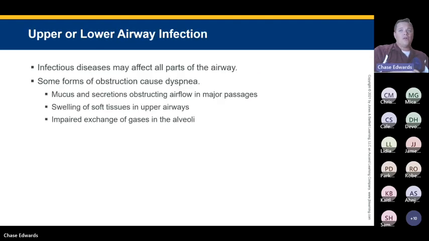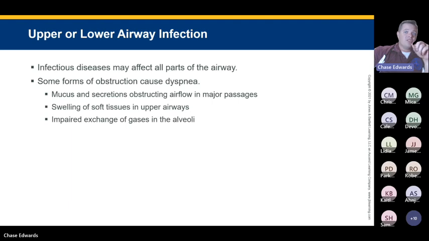All right, so upper or lower airway infections. So like infectious diseases, they can cause dyspnea and may affect all the parts of the airway. Oxygenation is a problem of inadequate oxygenation delivery to the tissues. So when we start talking about disease processes, oxygenation may be a huge issue because of these disease processes. So the problem causing dyspnea is always some form of obstruction.